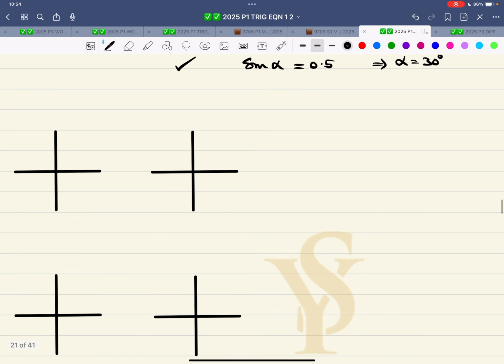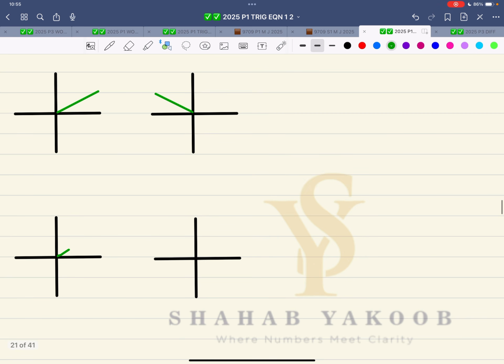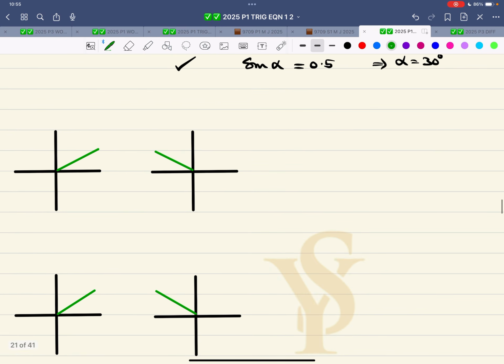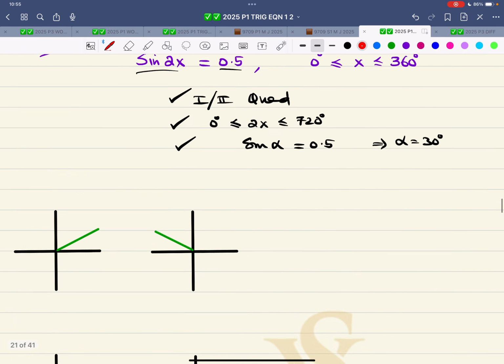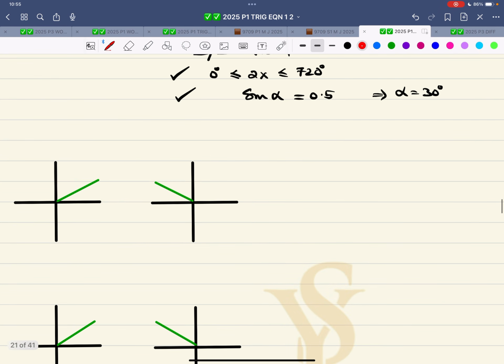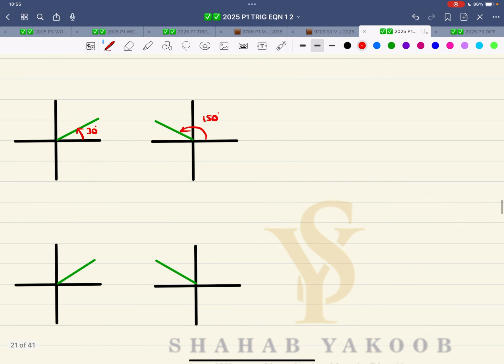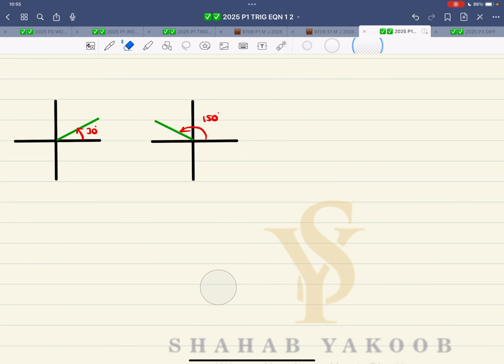So now let me grab a green color marker and let me label 30 over here. Hold for a second. First of all 30, and then this angle, and then over here, and then this angle. So now firstly we are working in 0 till 720. So this is 30 degrees, this is 150 degrees, and basically I don't need these two at the bottom, so let me just erase it.